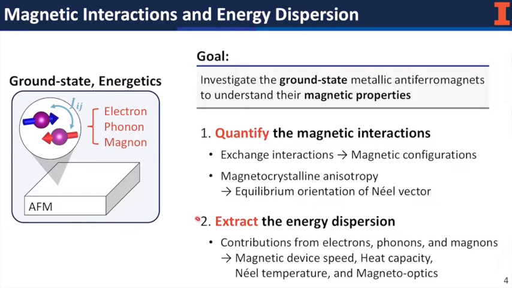Furthermore, we can extract the energy dispersion of metallic antiferromagnets to identify the contributions from the electron, phonon, and magnons. This result can be utilized to understand the excited state properties, such as the estimation of the Debye speed, or heat capacity, Néel temperature, and the magneto-optics from the metallic antiferromagnets.